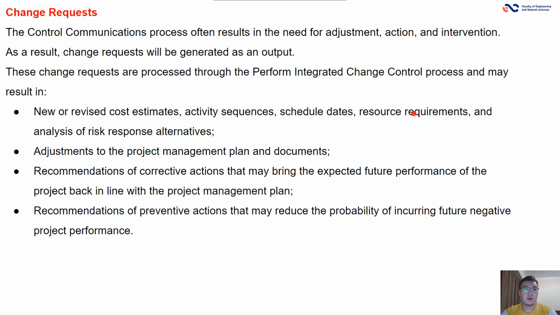These change requests are processed through the perform integrated change control process and may result in new or revised cost estimates, activity sequences, scheduled dates, resource requirements, and analysis of risk response alternatives. Adjustment to the project management plan and documentation.